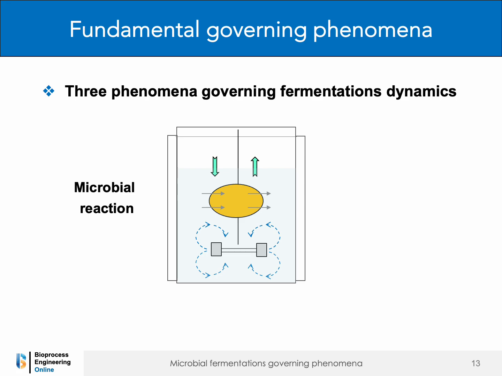In addition, physical phenomena play a critical role in shaping culture dynamics. Mass transfer, particularly the rates at which oxygen and carbon dioxide are exchanged between the gas phase and the culture medium. And fluid flow, the circulation and mixing of liquid elements within the bioreactor.